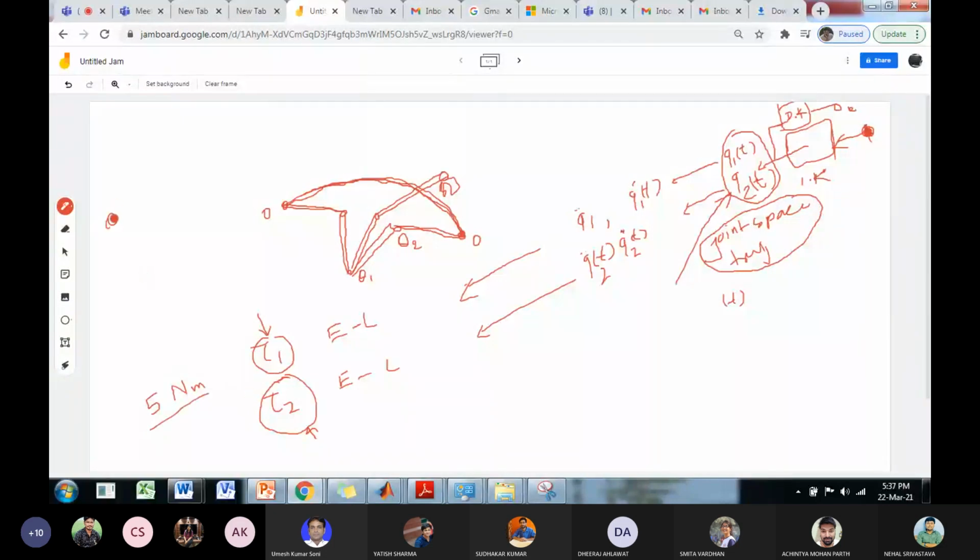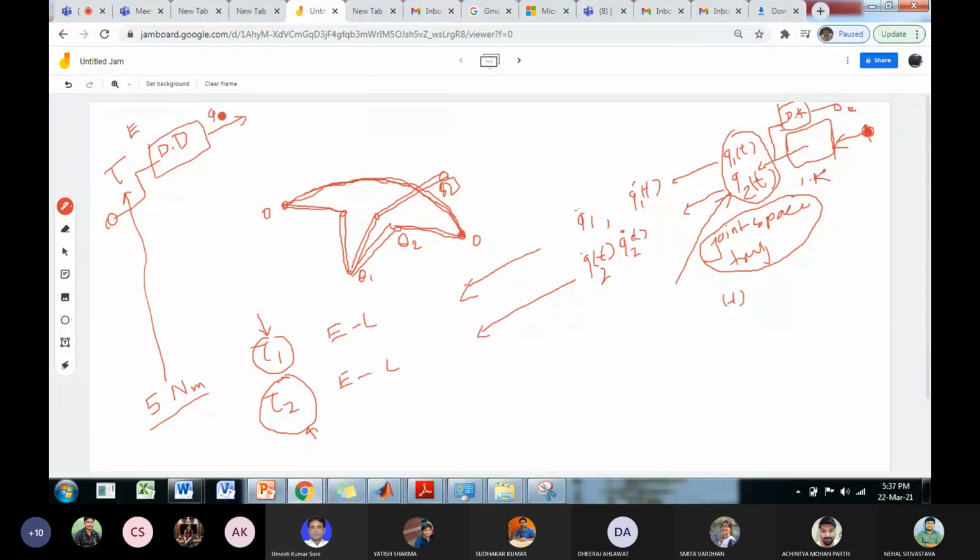Now you apply the 5 Newton meter and you go to the direct dynamics equation. What should be the dynamics equation? According to this, you have certain variables. So this is a Euler-Lagrange equation. For this value of torque, you solve the Euler-Lagrange equation.